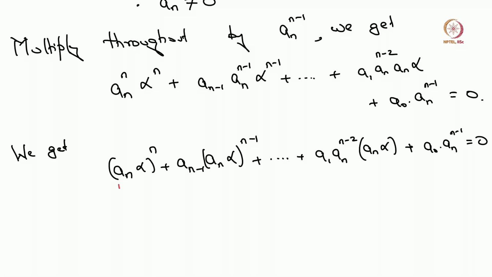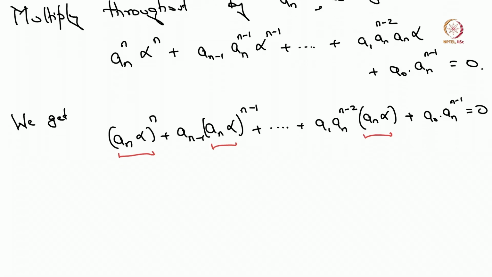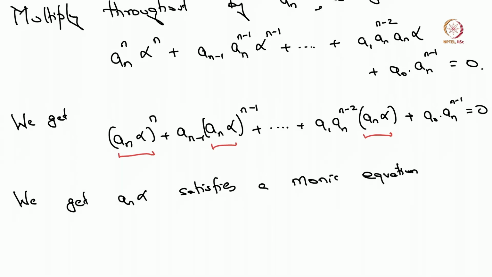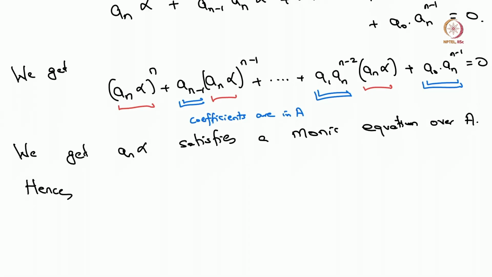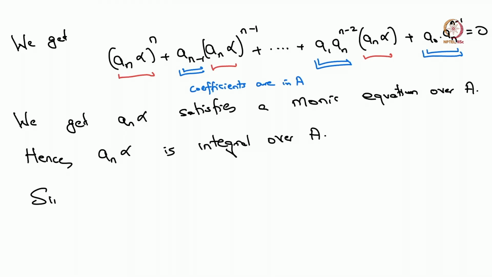So we get that this term a_n alpha satisfies a monic equation, but if you observe all the coefficients a_{n-1} and so on, a_1 times this power of a_n, all these coefficients are in A. So a_n alpha in fact satisfies a monic equation over A, and hence a_n alpha is integral over A. And since a_n is not 0, we can choose c to be a_n.